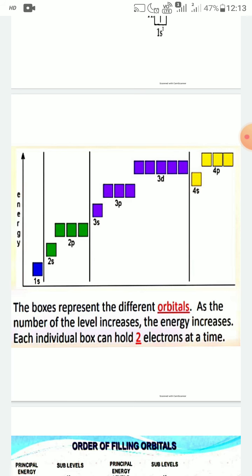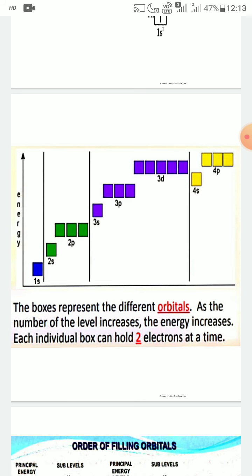Like the energy of 1s is less than the energy of 2s, which is less than the energy of 2p. Here, for simplicity, I have given a diagram. You can easily understand this diagram.